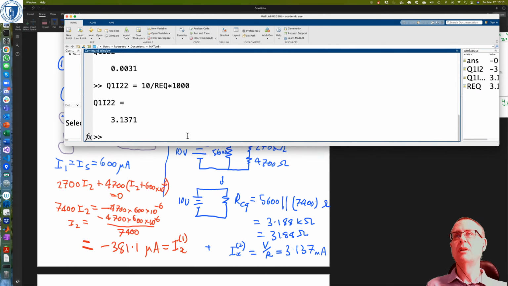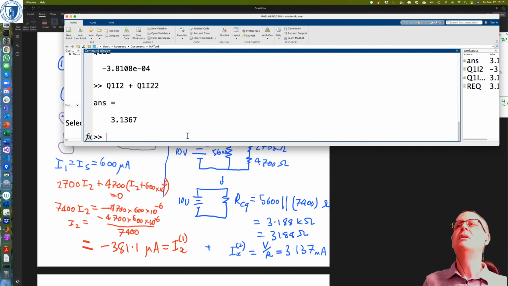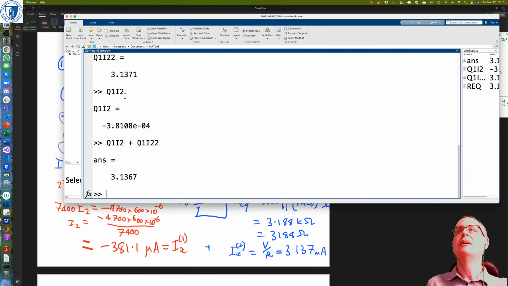So Q1 I2, which is that one, plus Q1 I22, and it's going to be 3.1. That's probably because it's just a little bit less than this one, because the first value is in microamps, and this one is 3,137 microamps.